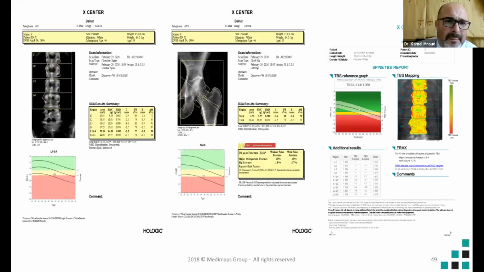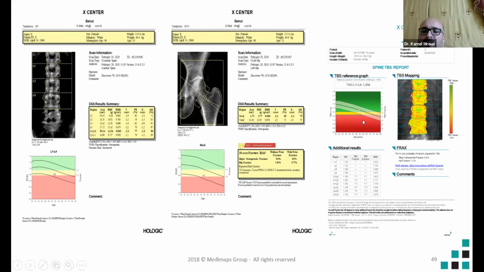This is a 54-year-old patient who had a Hologic DEXA scan. Her lumbar spine T-score was -2.2. Her hip neck T-score was -2.4, and her FRAX was 10% for major osteoporotic fracture and 1.9% for hip fracture.